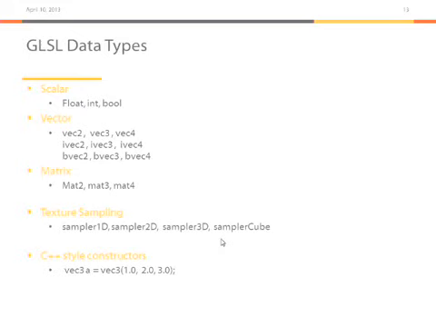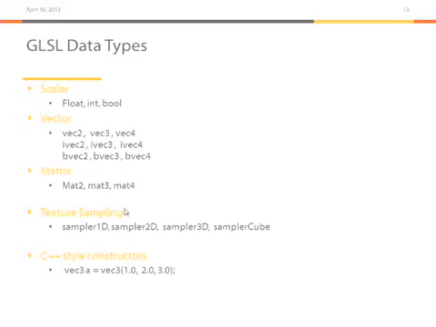You cannot create any type of structure. Since this is for graphics, they provide data types related to graphics operations, for example matrices, vectors, or samplers. A sampler is used to retrieve texture values, so more or less it means an array of color values.